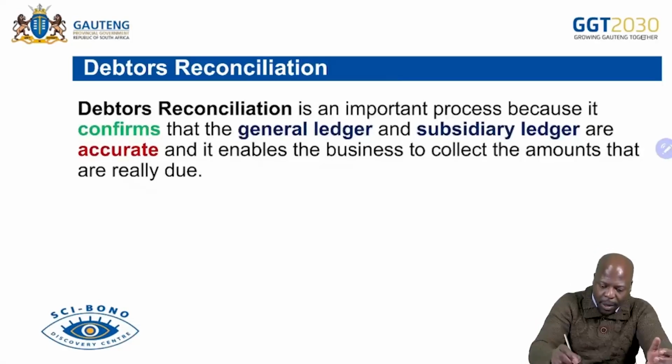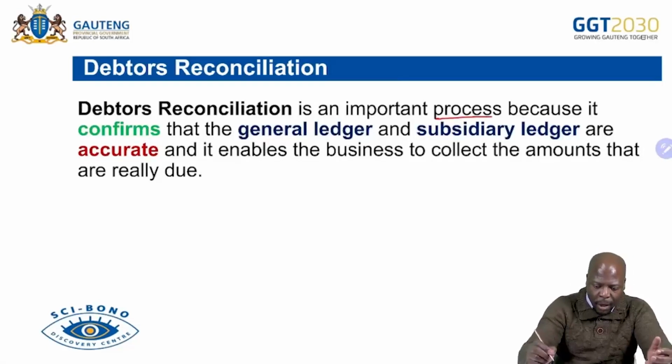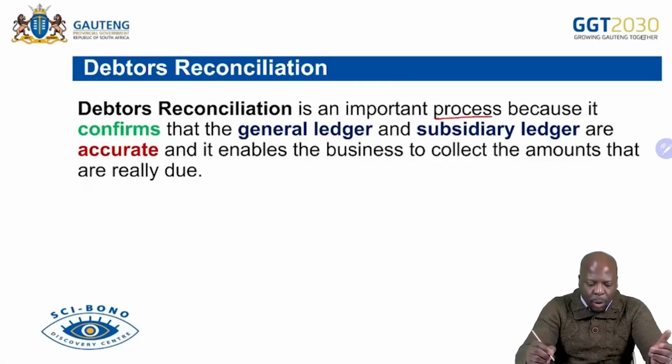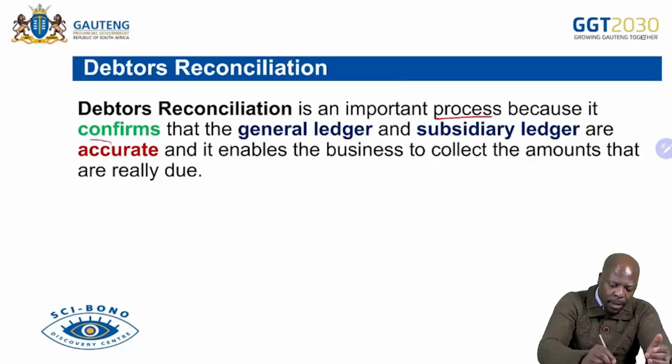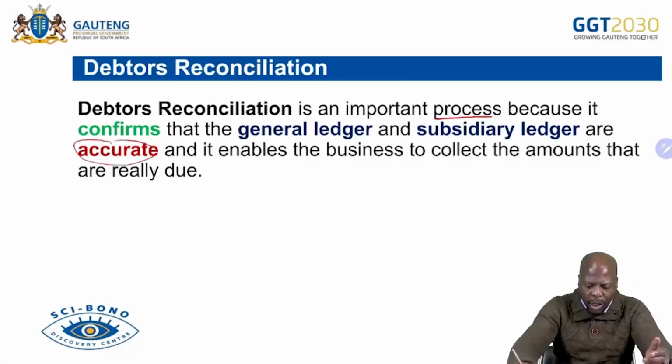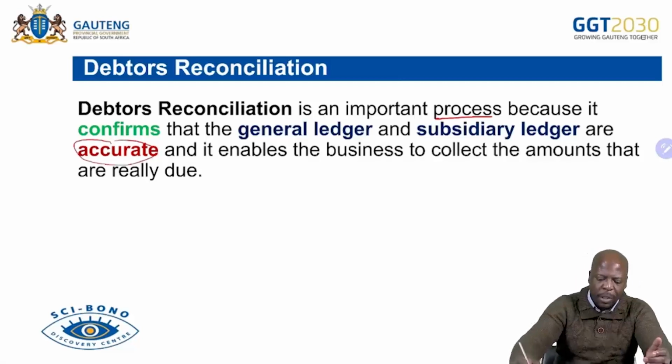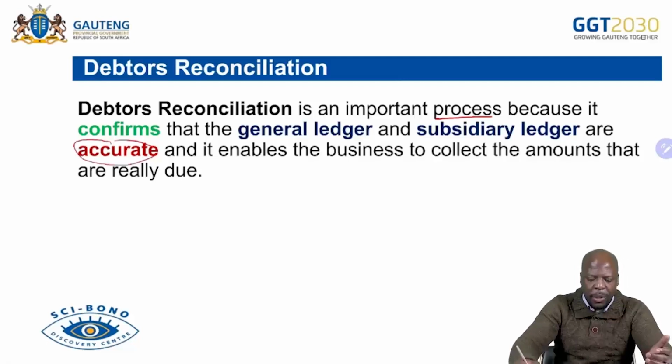Remember, it is a process, because it confirms that the general ledger and the subsidiary ledger are accurate. So we want to confirm the accuracy of the general ledger as well as the subsidiary ledger. And it enables the business to collect the amounts of money that are due, especially those that we think might be becoming overdue.